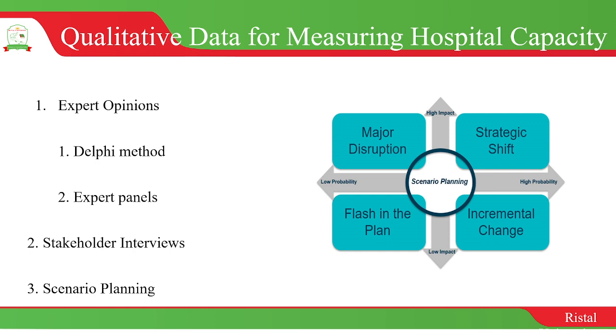Now we look at qualitative data for measuring hospital capacity. We have looked at quantitative techniques, which we said mostly we employ statistical methods basing on our data that are already in the registers. So qualitatively, we can do what is called expert opinions, and then we can do stakeholder interviews.